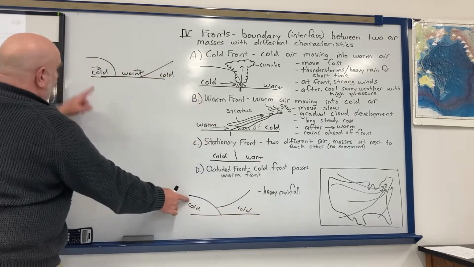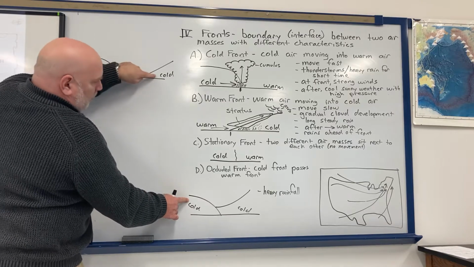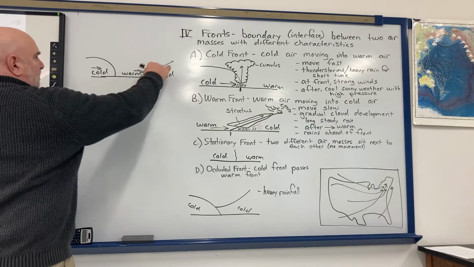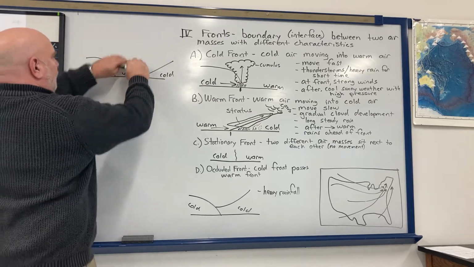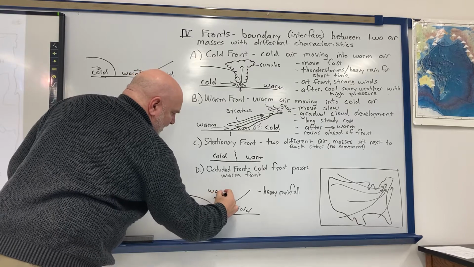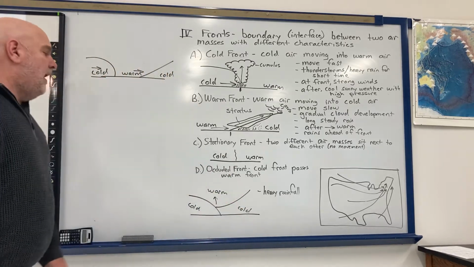This part of the cold front right here scoots underneath that warm air and combines with that mass of cold air right there. And then this big wedge of warm air gets forced upwards when the cold air cuts underneath it.